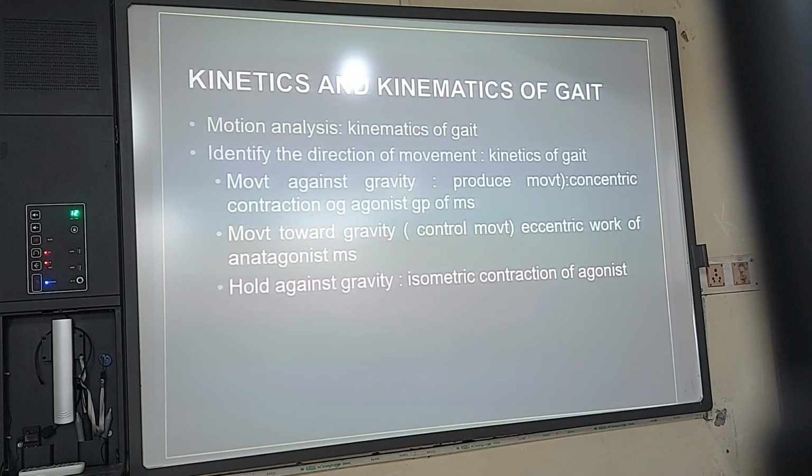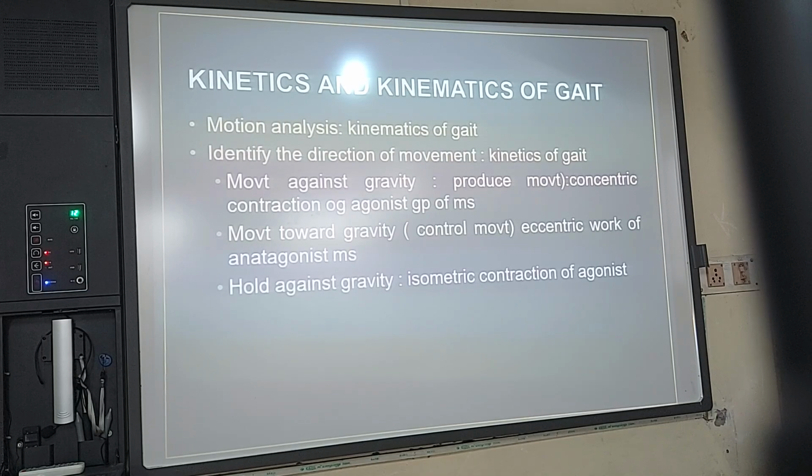How many headings do you want to keep? I'm not telling you to do sagittal and frontal. I'm telling you to tell me everything about it. Fine.